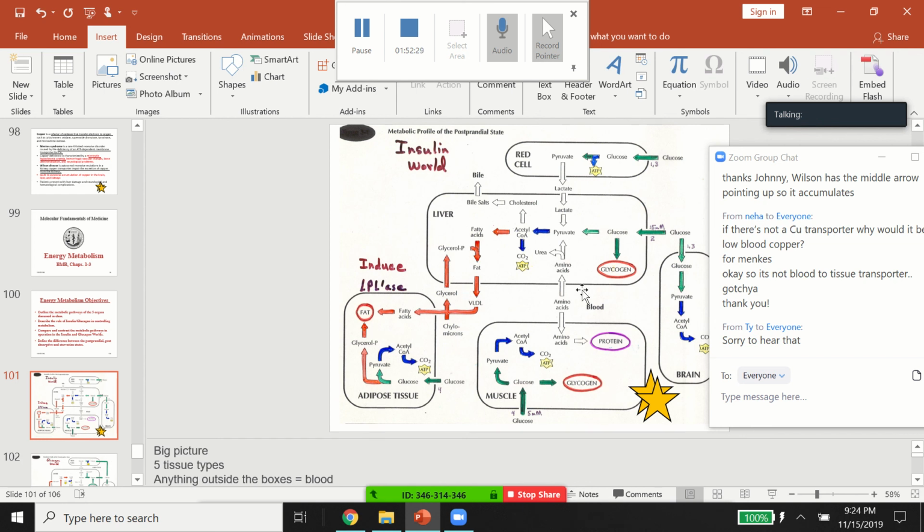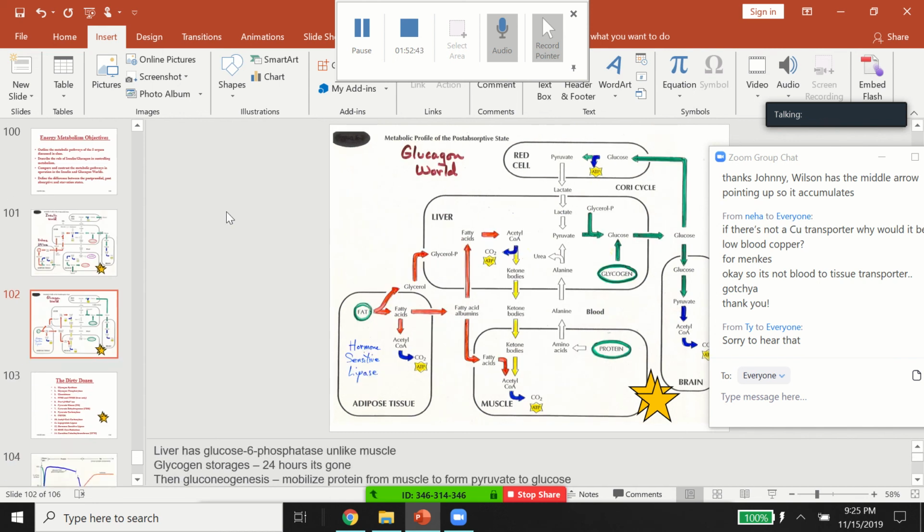In protein, honestly, there's not a whole lot that goes on here. The only thing going on is amino acids, right? You get them from your diet, and they get turned into protein within the muscle. That's honestly all that goes on in insulin world with protein. In glucagon world, you get a little bit more, and even then, he doesn't show a whole lot about protein breakdown because he's already covered it. But if you notice, you have alanine, which is how it gets from the muscle to the liver itself.